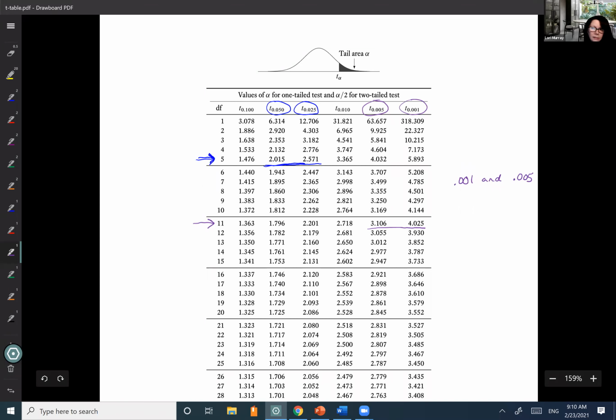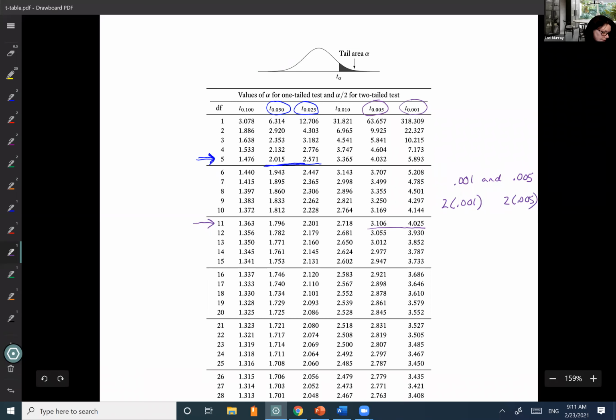Now, because this is a two-sided test, how do we know it's a two-sided test? It's because the alternative hypothesis was does not equal. So for a two-sided test, we need to multiply those values by 2.